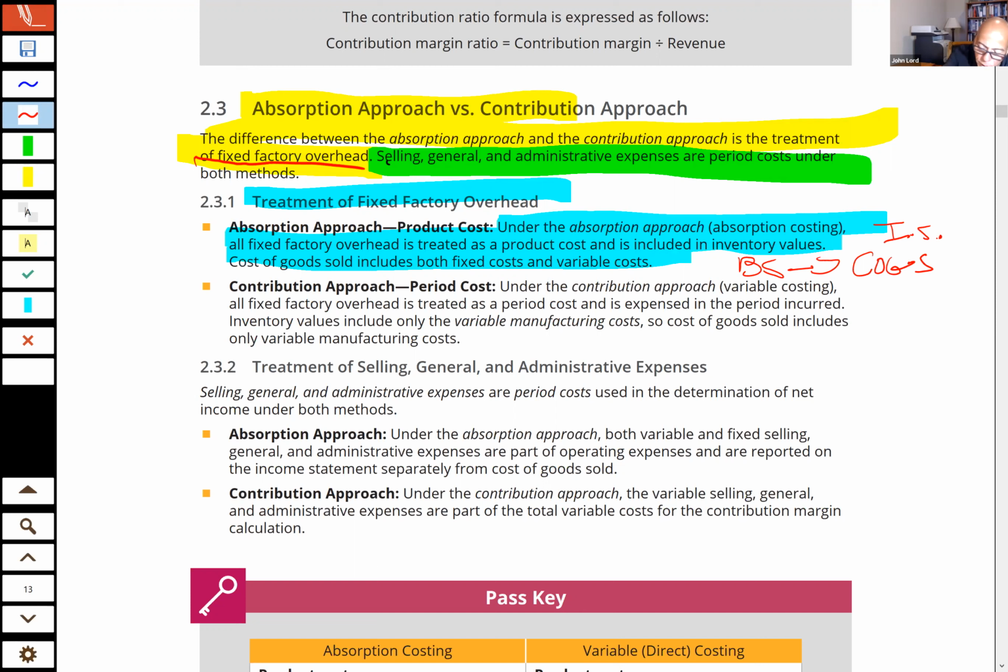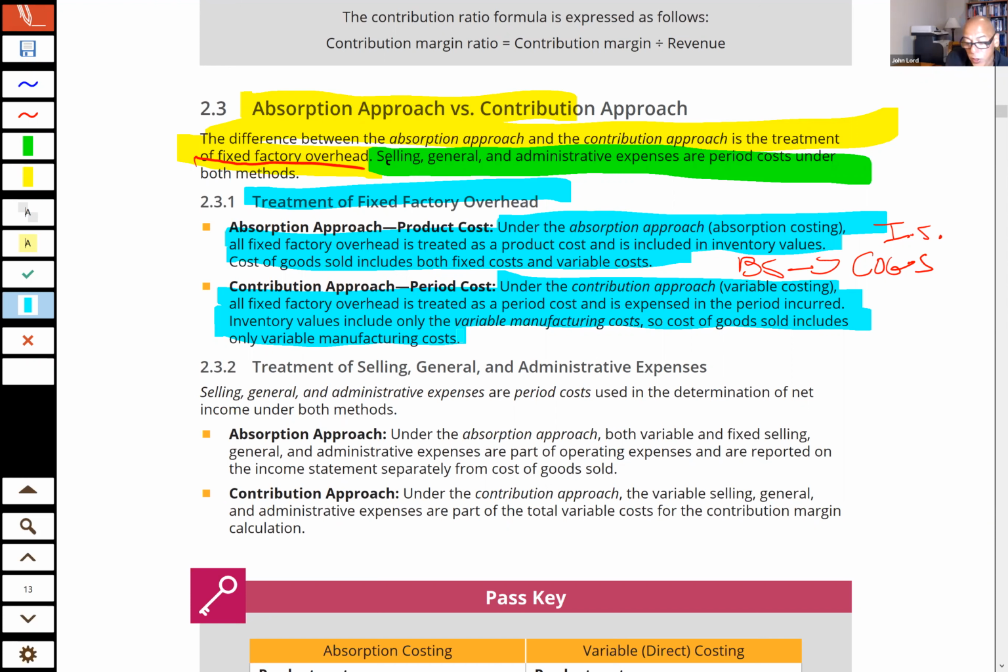Under the contribution approach, all fixed factory overhead is treated as a period cost and is expensed in the period incurred. Inventory values only include variable manufacturing costs. That's why I kept trying to get us to focus on units sold: when we subtract off our variable costs, it's for the units sold.